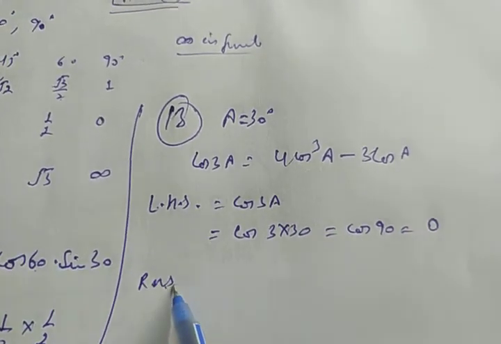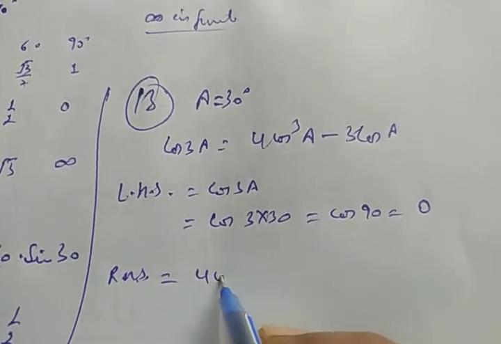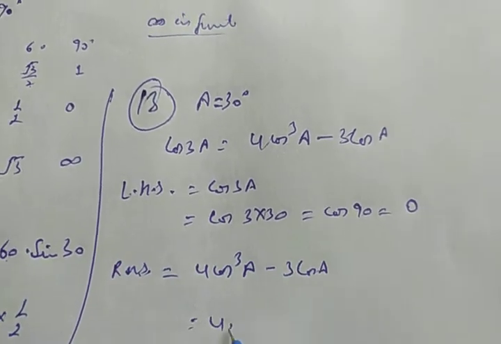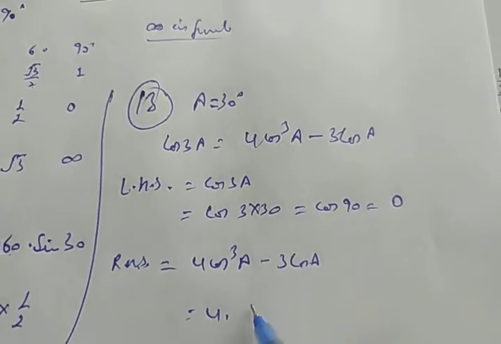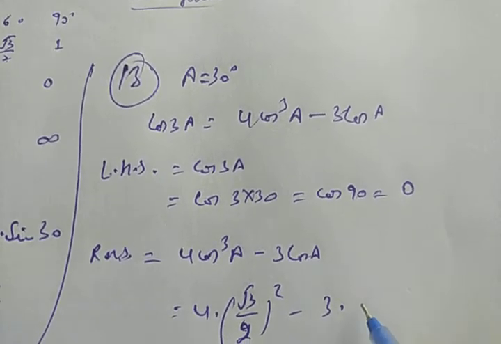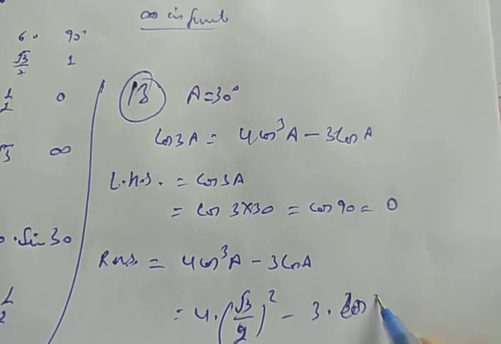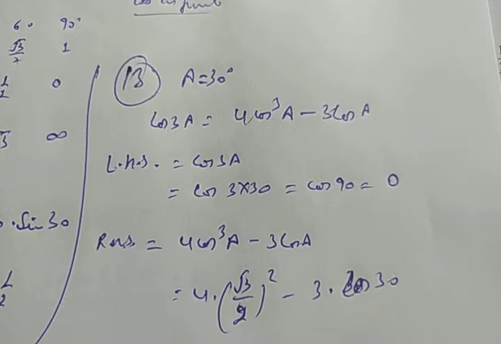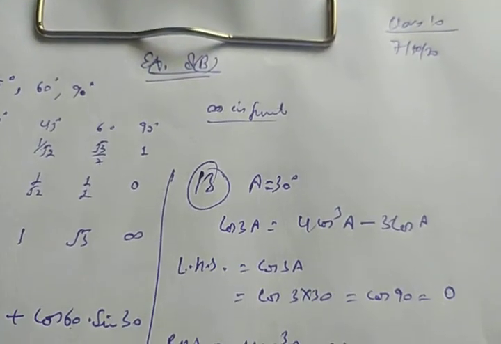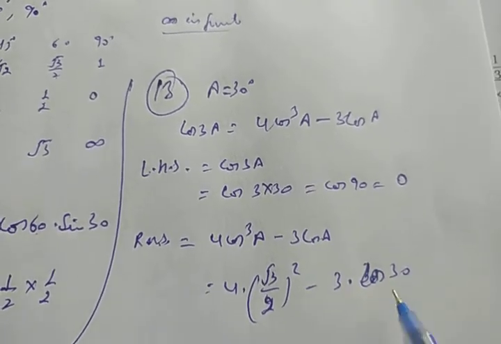RHS you have to solve. How to solve? Simply write the values. 4 cos cube A minus 3 cos A. 4 into cos 30, that means under root 3 by 2 whole cube, minus 3 into cos 30. Then what value will come?